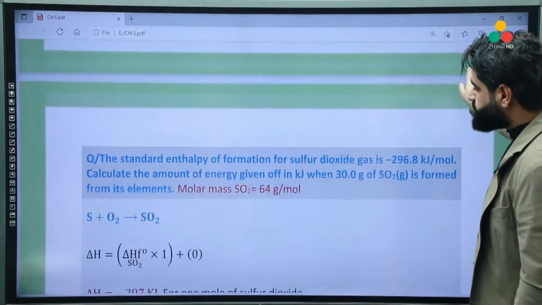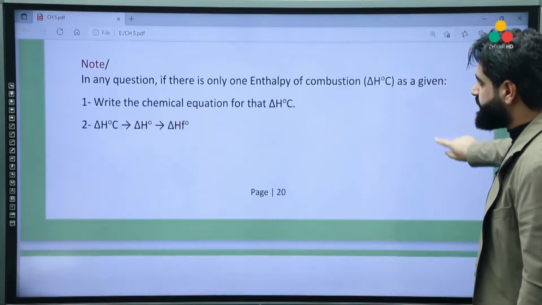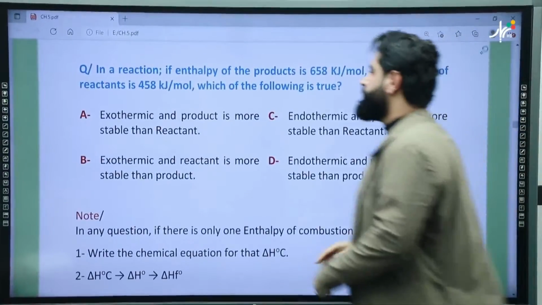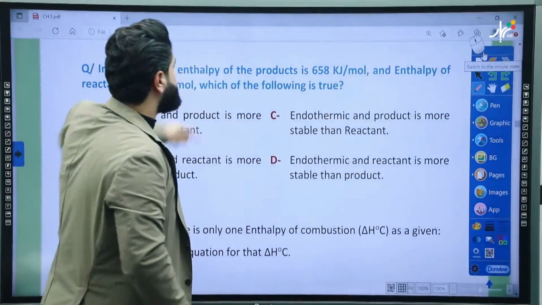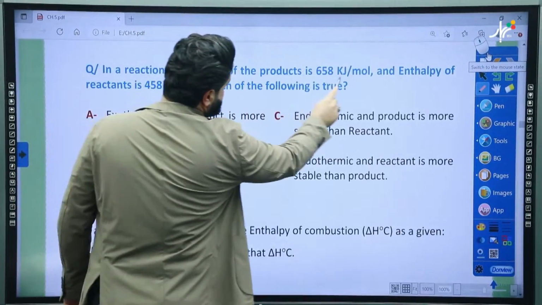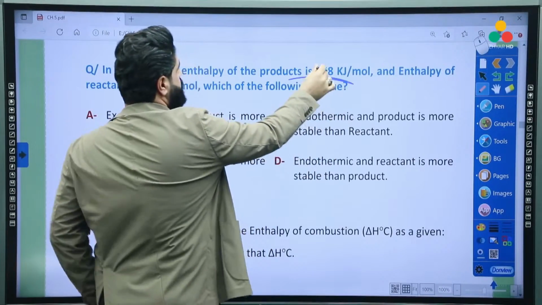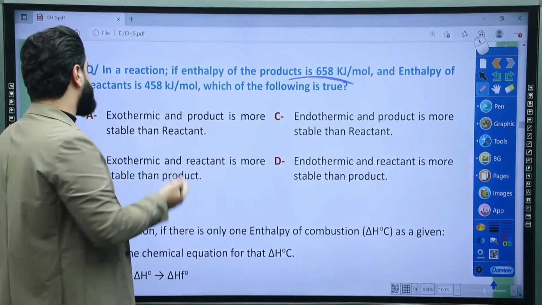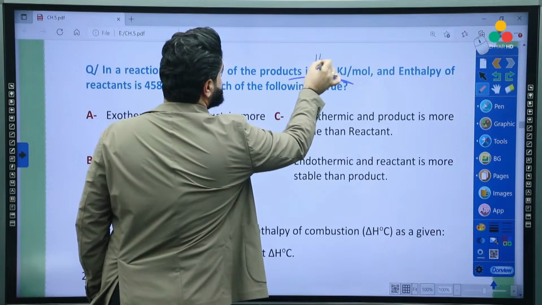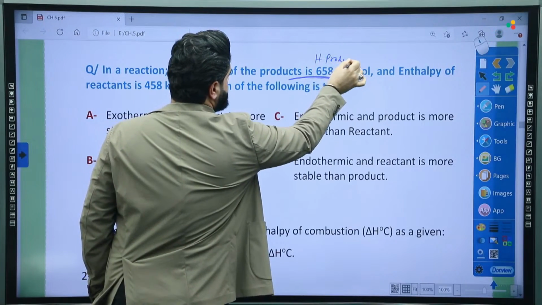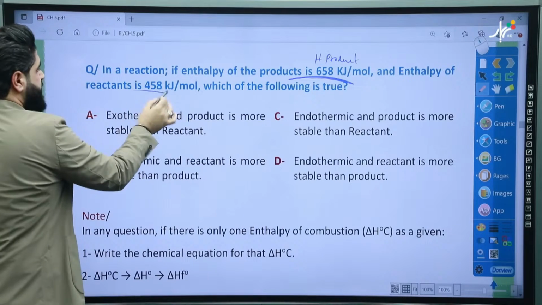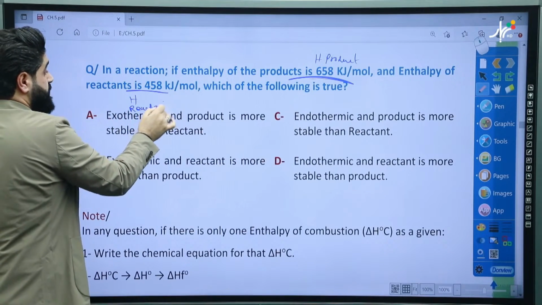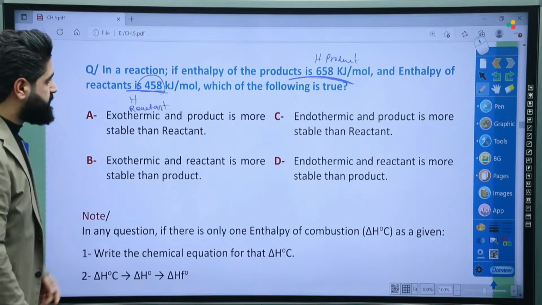Another question. Look, they are the same. Okay, let's solve this one. Look, in a reaction, if the enthalpy for the products equals 658 kilojoules, this is H of product, and the enthalpy for the reactant, H of reactant, equals 458 kilojoules.